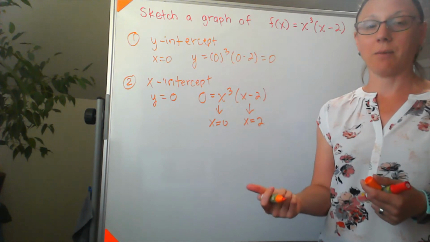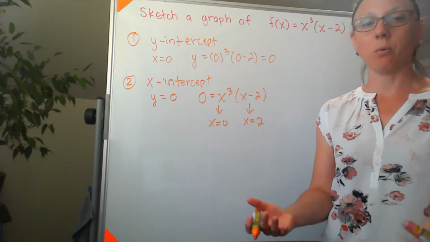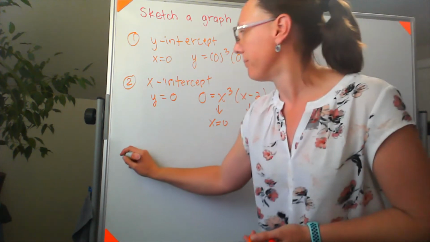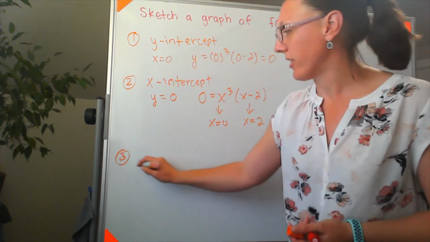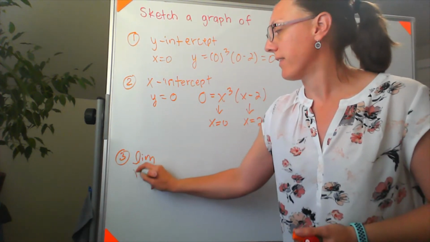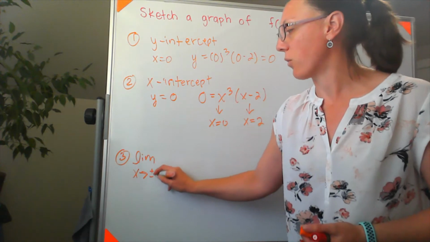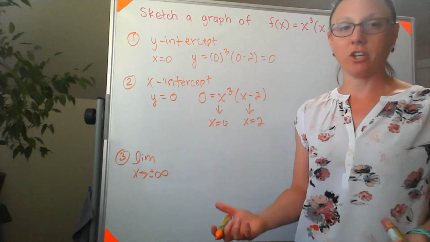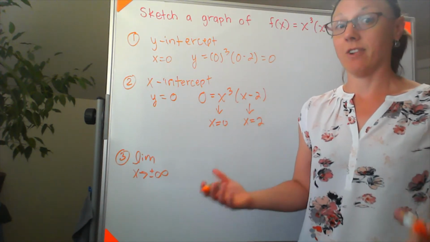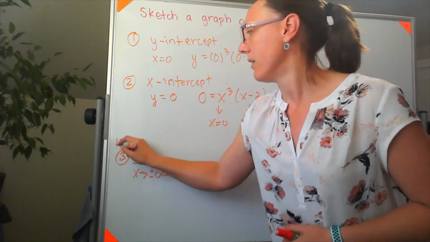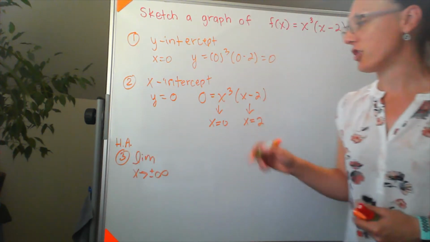Now that other thing that I mentioned, that end behavior, that's what we would have called it in pre-calc, but in calculus, if I'm looking for that limit as x approaches positive or negative infinity, what we're really checking for there are horizontal asymptotes. So I'll just abbreviate that HA.